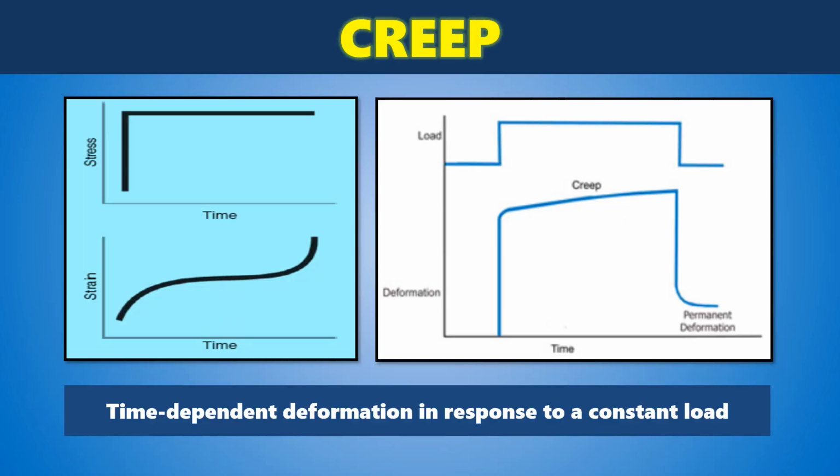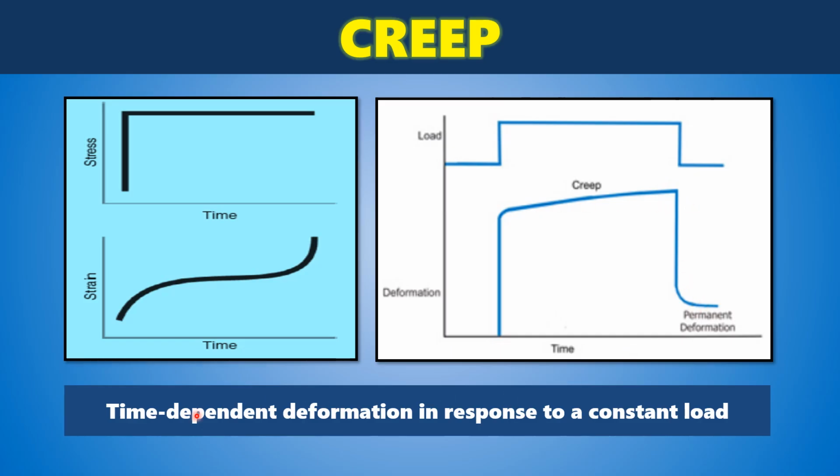Creep, the first attribute of a viscoelastic material. It is time-dependent deformation in response to a constant load. If you have a string or a rubber band and you hang a weight to its distal end, you will have an initial length. Then if you come after 5 hours and you measure the length, you will find that there is an increase in the length or deformation of this string or rubber band.